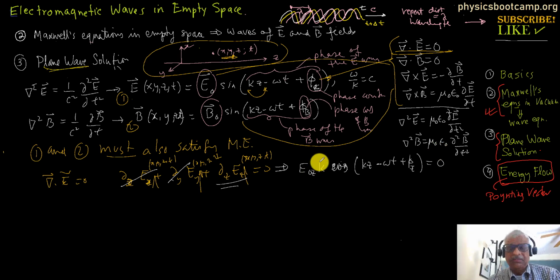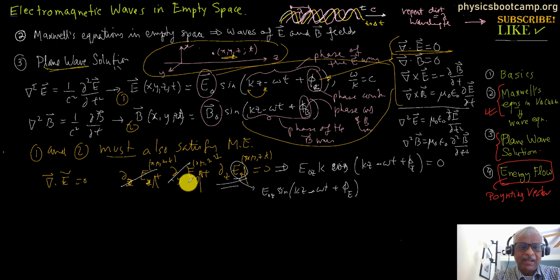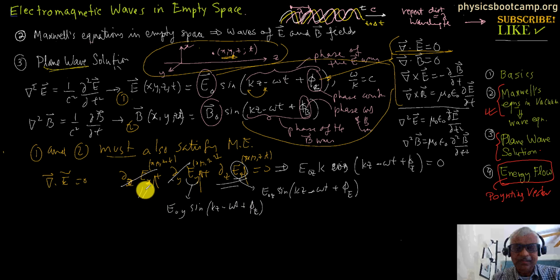This is e0z, just the z components. So this one is e0z sine kz minus omega t plus phi e, and these guys are e0y sine kz minus omega t plus phi e, and similarly for this guy.